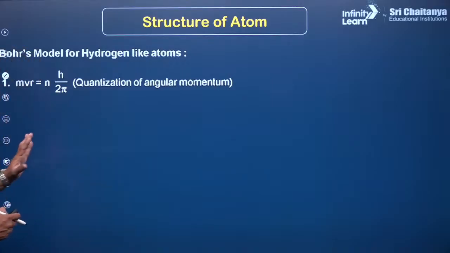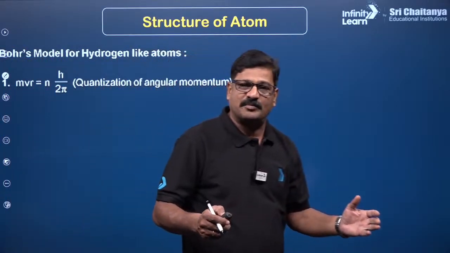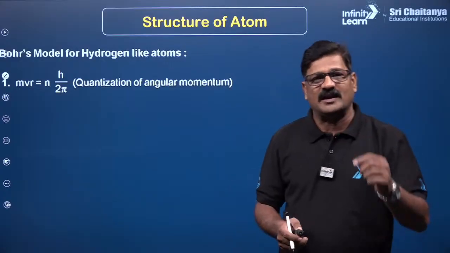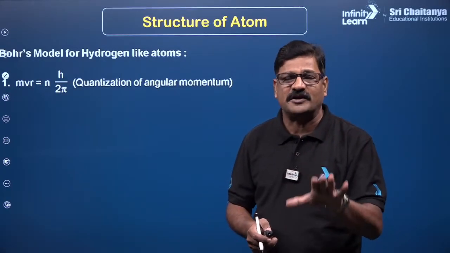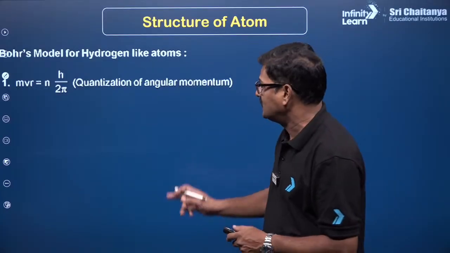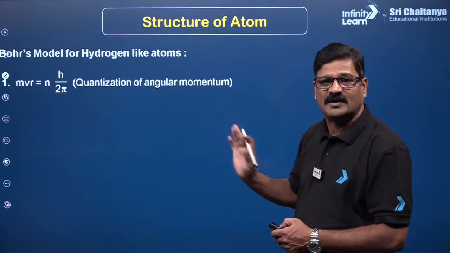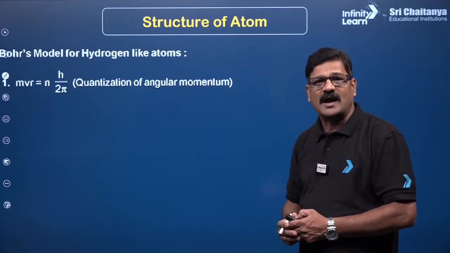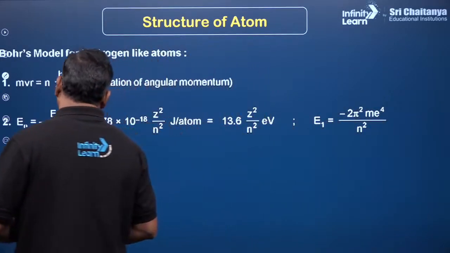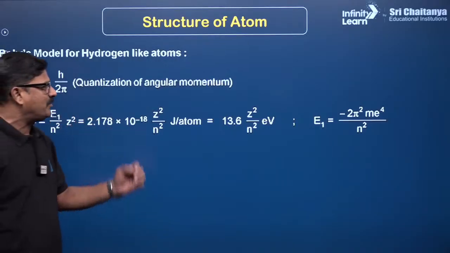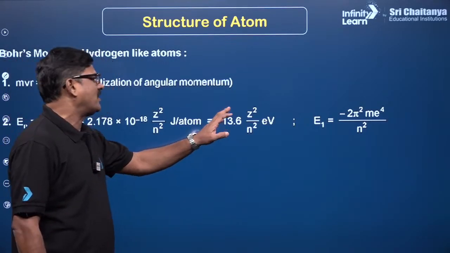And in Bohr's atomic model, electrons revolve around the nucleus in concentric circular paths called orbits, and an electron residing in a particular orbit has a certain definite amount of energy. That is given by quantization of angular momentum, mvr is equal to nh by 2 pi, and the energy of the electron is given as minus 13.6 Z square upon n square.